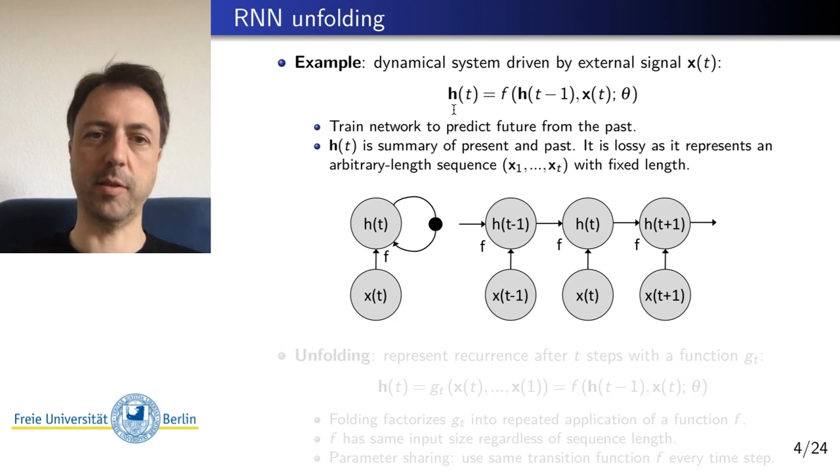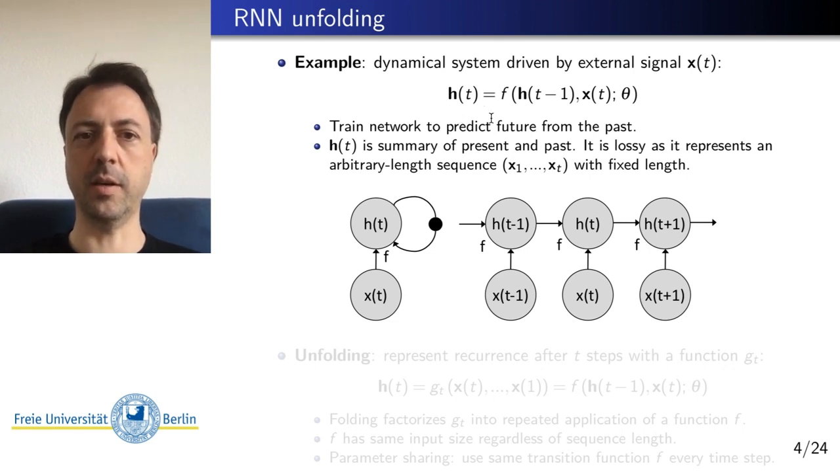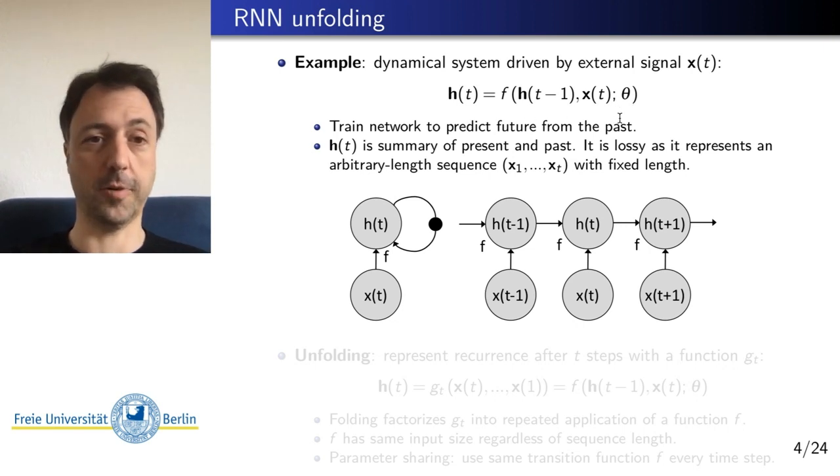It's also a time series, so it depends on t. h of t is updated by using the function f, which depends on h of t minus 1. So that is the recurrent part. So it depends on the last time step and on the current time step of x. And it depends on the parameters theta. So the parameters are trainable. So f is a trainable function, a neural network function.